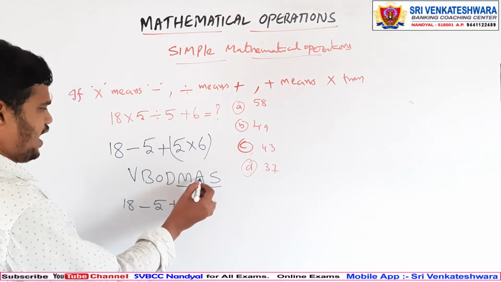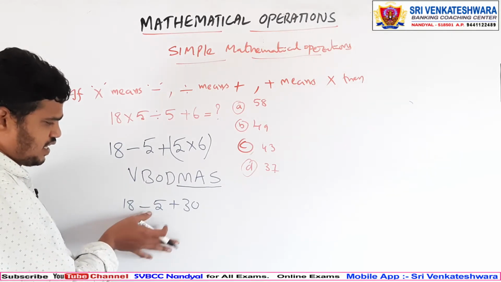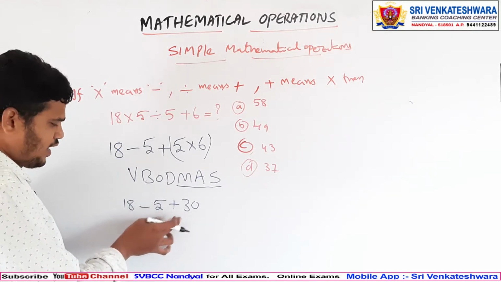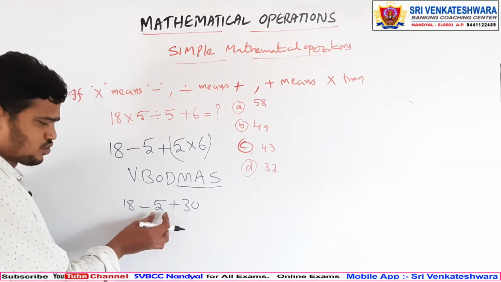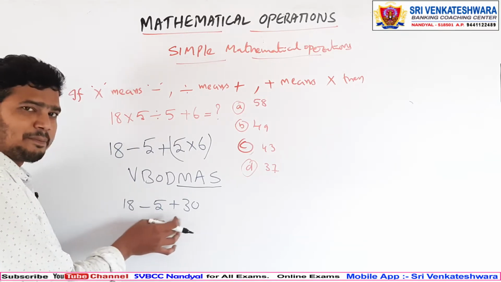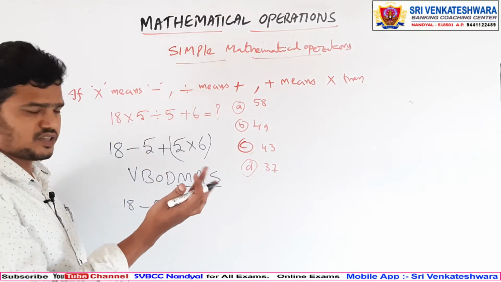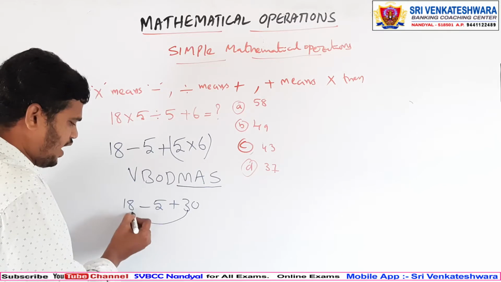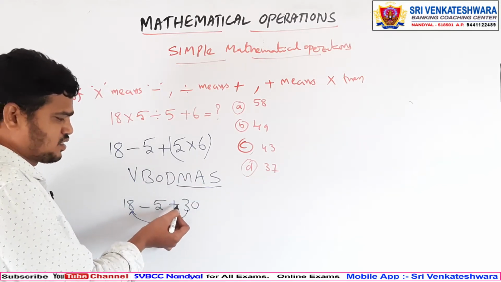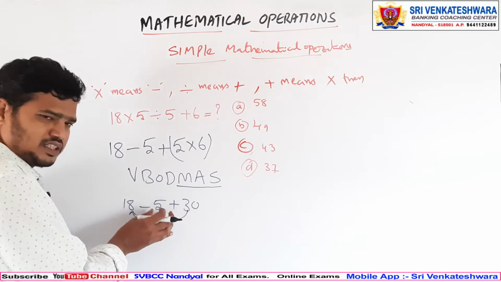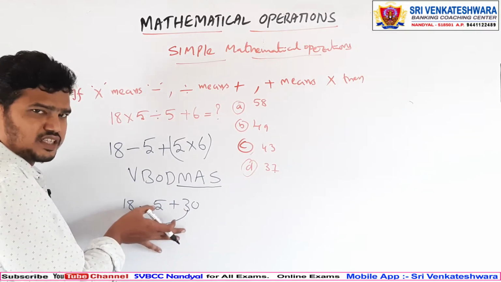Then addition. Here minus is there, here plus is there. So you need to add these two, 18 plus 30, not this one here. First you need to go for the addition operation, which means adding these two. Be careful: don't go for 30 plus 5, 35, because here minus 5 is there.